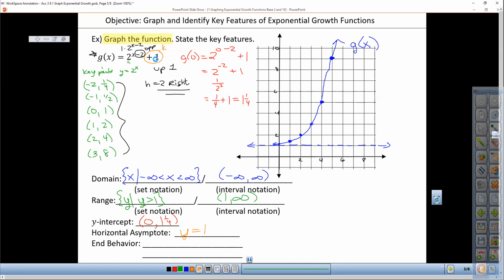Well, that's dependent upon whether or not there is an x-axis reflection in the function. Here, our a is positive, so there's no x-axis reflection. So that tells me the curve is going to be above the asymptote, making my range greater than my k of 1. If there is an x-axis reflection, then my range is going to be the y values less than my k value.